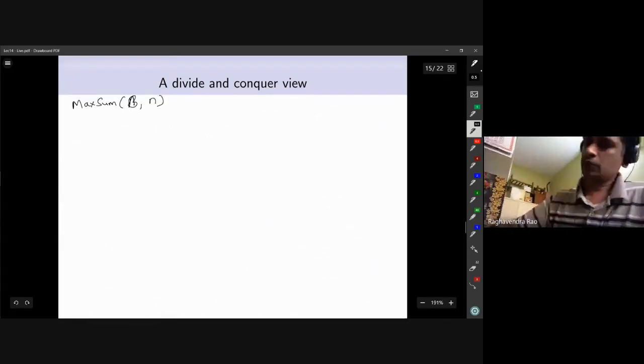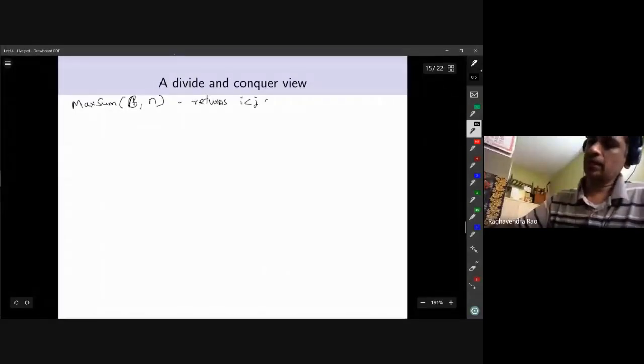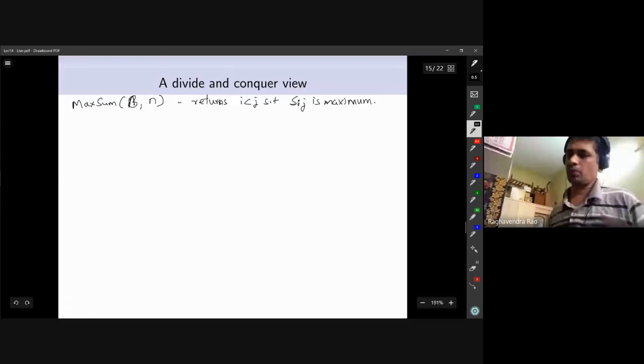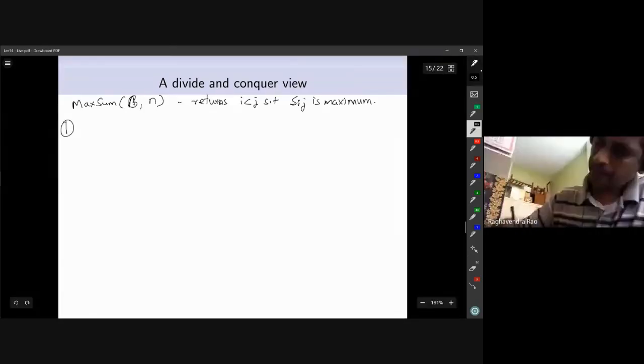It returns i less than j such that S i j is maximum. This is our specification. So what is our step? First step, construct B1 and B2. There is nothing to construct, you just split the array into 2.